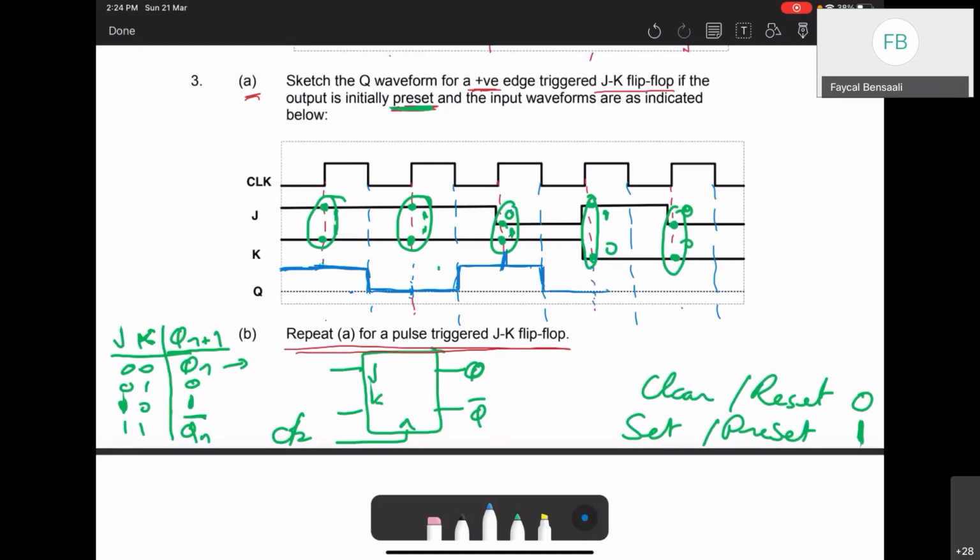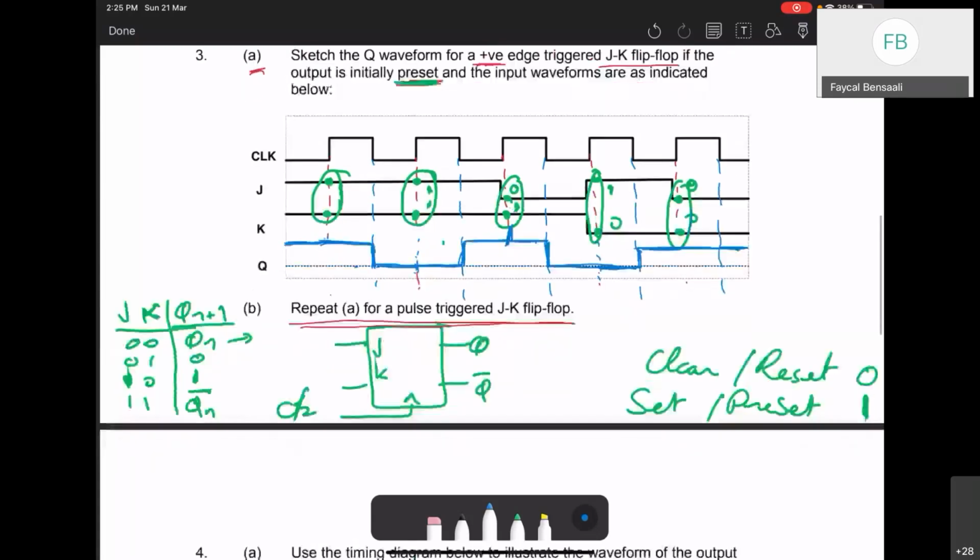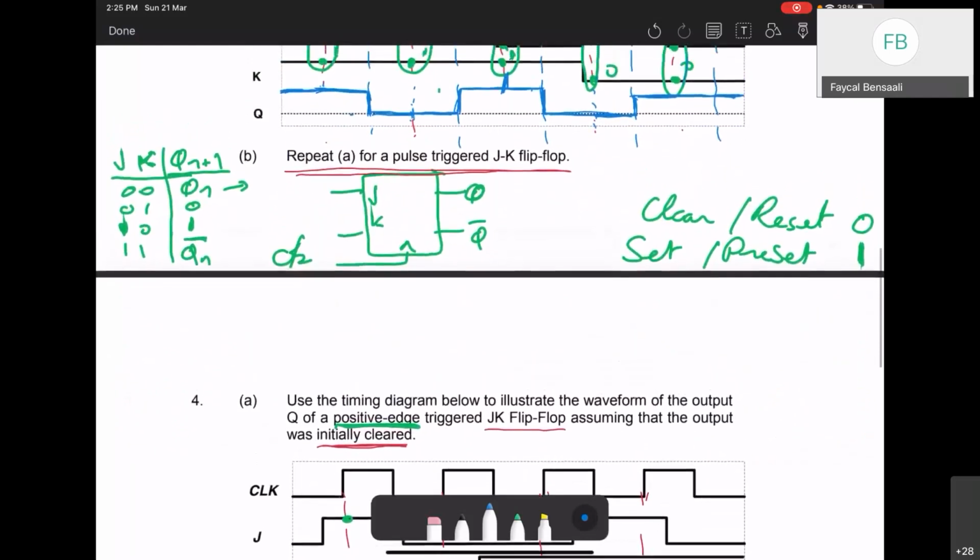Then we check again. This is 1, 0, so it's a set. It goes to 1. And then 0, 0 is no change, we keep it 1. If you compare the two waveforms, you will see it's exactly the same shape, but the other one is shifted by half a clock cycle. I hope this is clear.